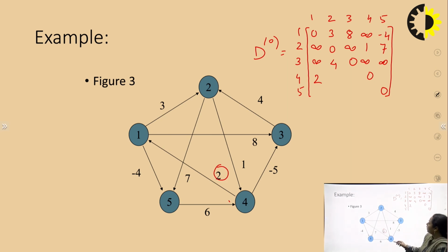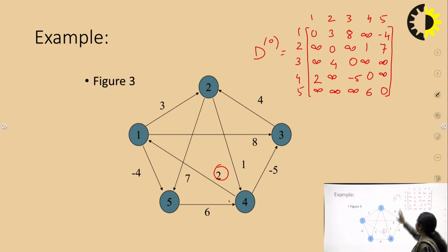Next 4 to 2 no direct path is there. 4 to 3 we have minus 5. 4 to 4 it is 0 and 4 to 5 it is again minus infinity. Next 5 to 1 there is no direct path. 5 to 2 there is no direct path. 5 to 3 there is no direct path. 5 to 4 value is 6 and 5 to 5 is 0.